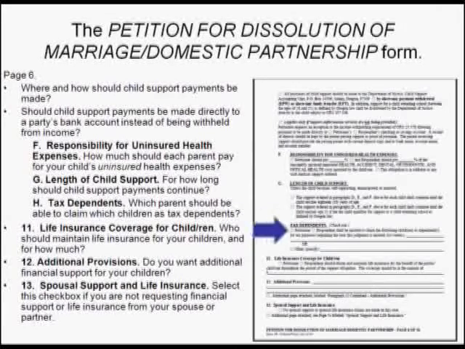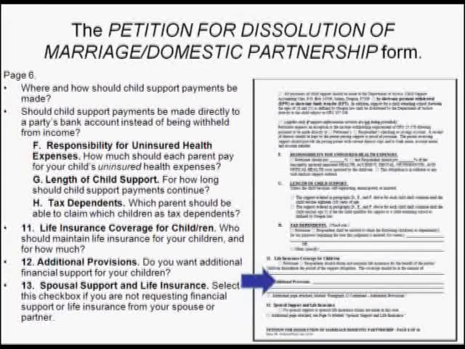H. Tax dependence. Which parent should be able to claim which children as tax dependents? Life insurance coverage for children. Who should maintain life insurance for your children, and for how much? 12.